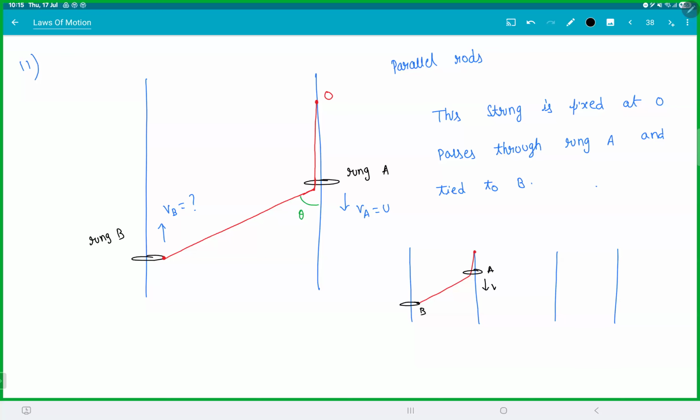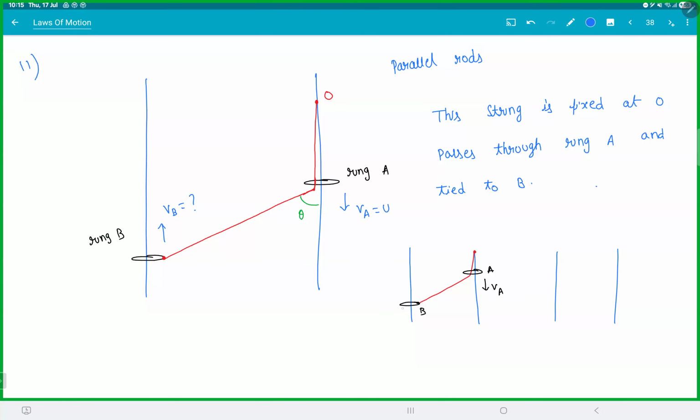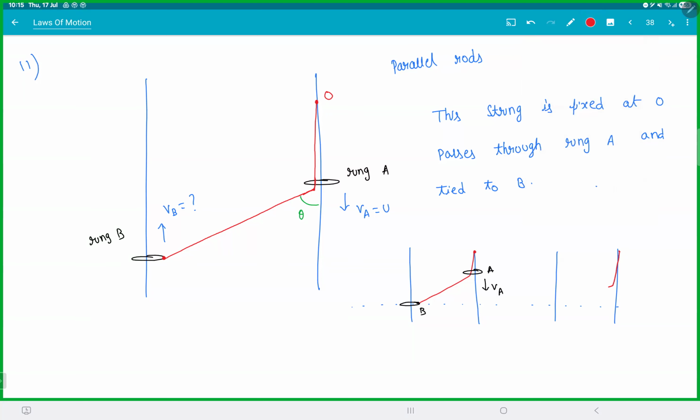When you pull this ring A down, this is what happens. A will come down, but in this process, B will start going up. Are you able to visualize the picture?